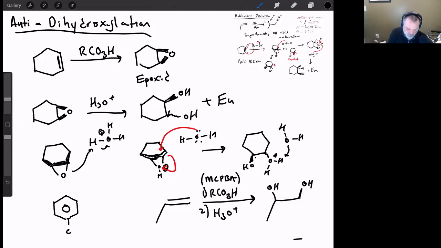There's a chlorine in the meta position. This is what that peroxide looks like. And so what you see sometimes is just the abbreviation MCPBA, or you could see RCO3H. You'll see either of those two possibilities. So I want to just kind of give you a warning about that, especially when you're coming to do the homework.